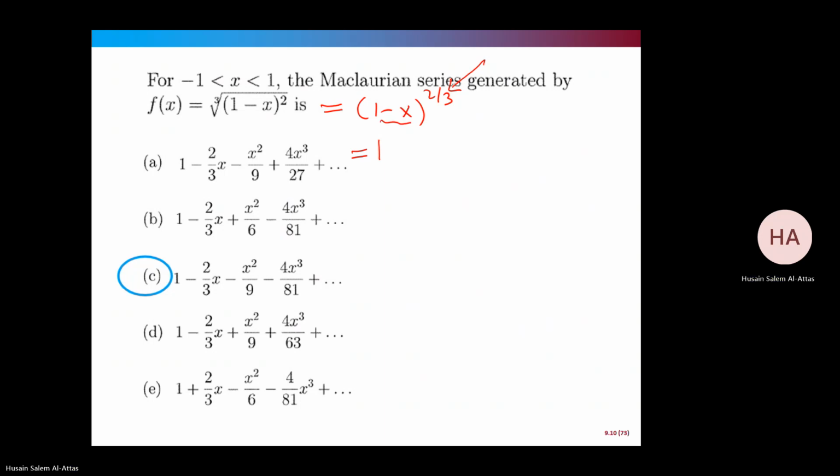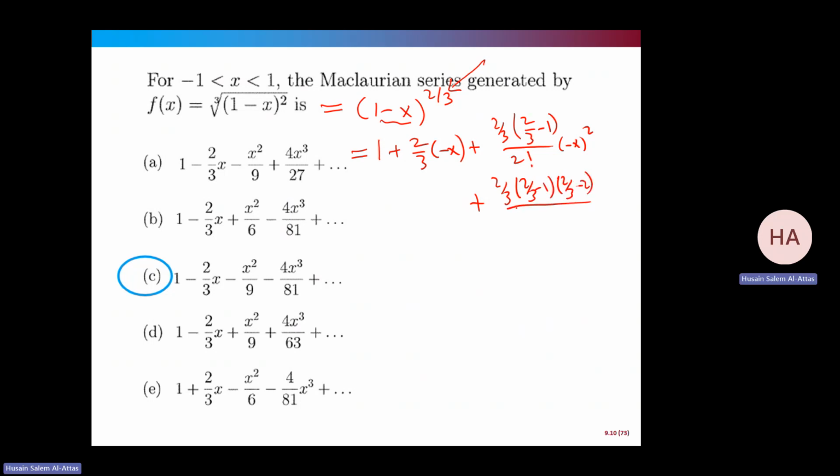So 1 plus k, which is 2 over 3, times minus x, plus 2 over 3 times 2 over 3 minus 1 over 2 factorial times minus x squared. I need the next term: 2 over 3 times 2 over 3 minus 1 times 2 over 3 minus 2 over 3 factorial times minus x cubed, plus the rest. But I need only 4 terms.